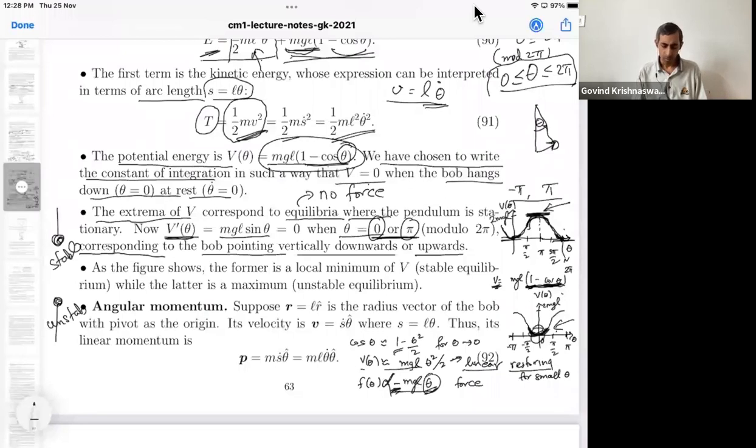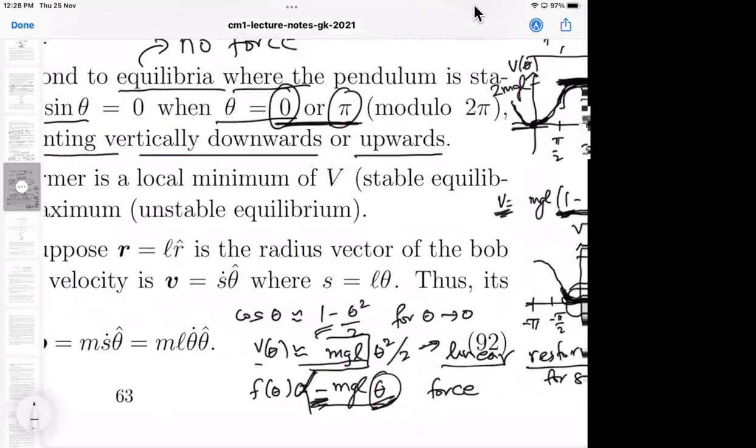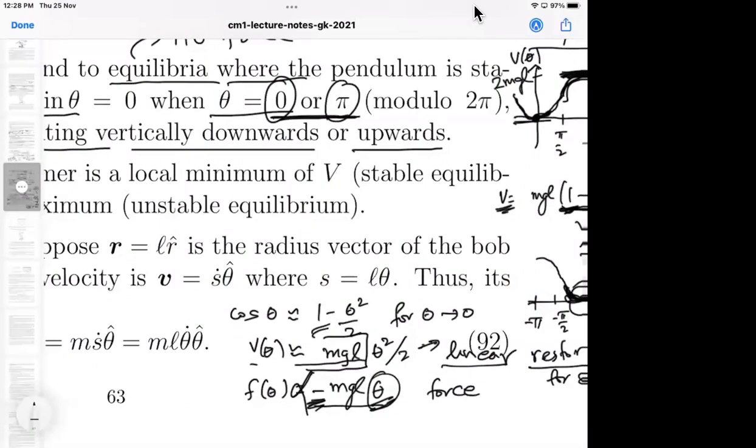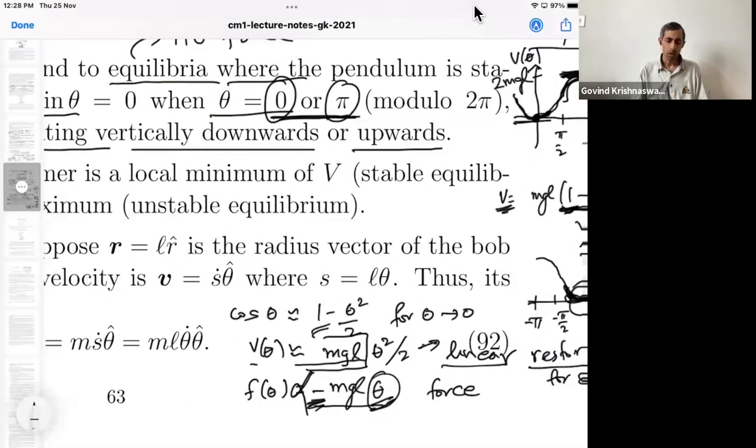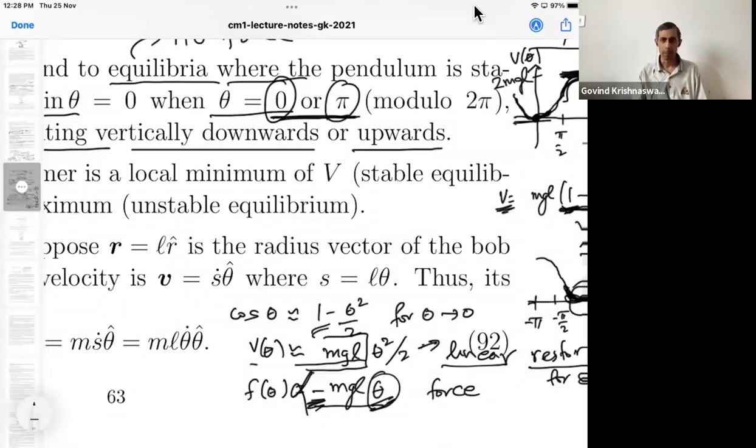I agree with you. So first, do you agree that this V has dimensions of energy? Yes, sir. Okay, that has dimensions of energy. Good. So I should have differentiated with respect to something that has dimensions of length to get a force, right? Yes. Whereas I differentiated with respect to theta. What's the dimension of theta?